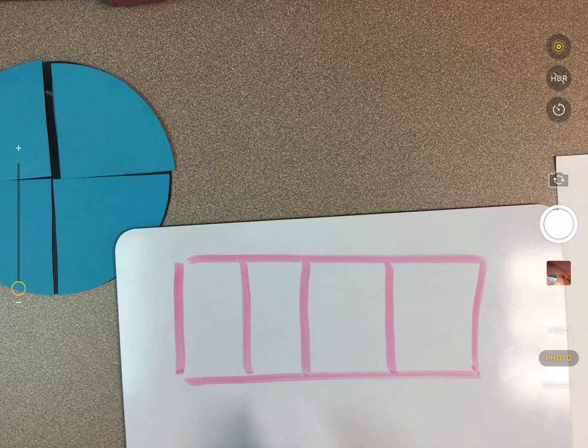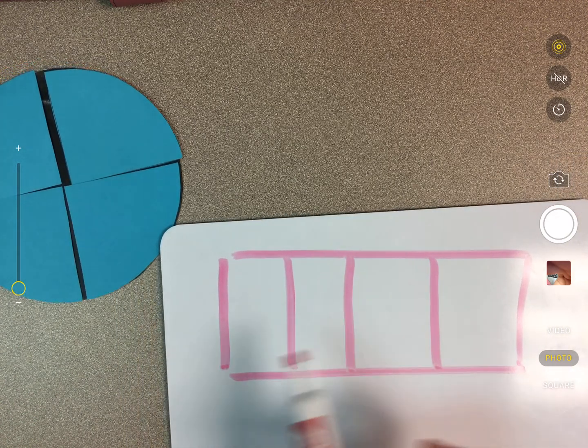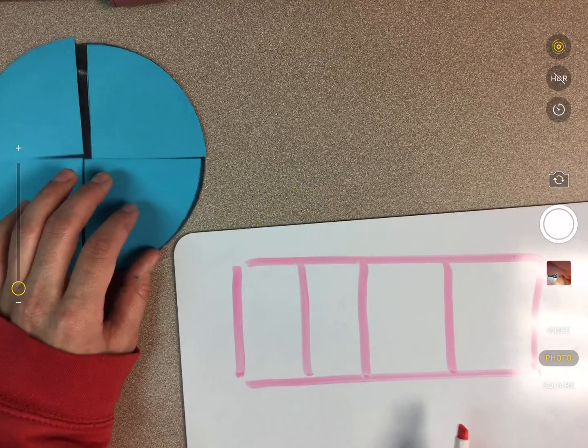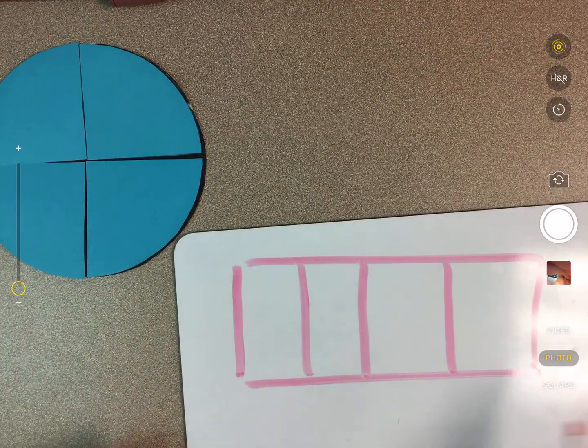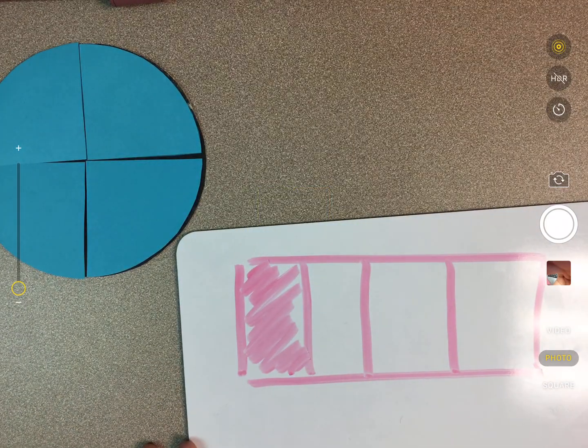But how could you show me 1/4 of this shape by shading in parts of the shape? So what would you shade if I asked you to show me 1/4? You should have shaded one of the pieces for this rectangle.